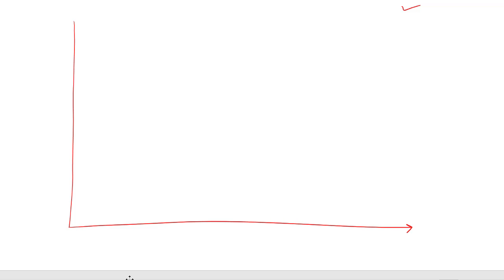Let us continue. Just see over here. X-axis, origin, y-axis. On the y-axis, we are denoting real GDP. On the x-axis, we are denoting time.